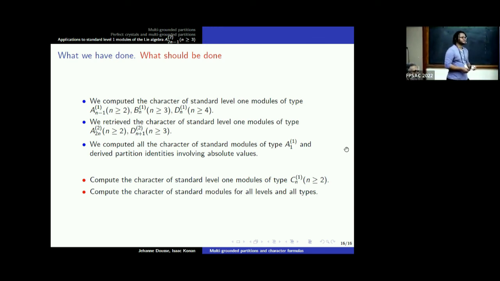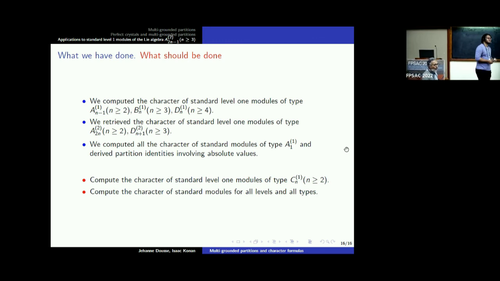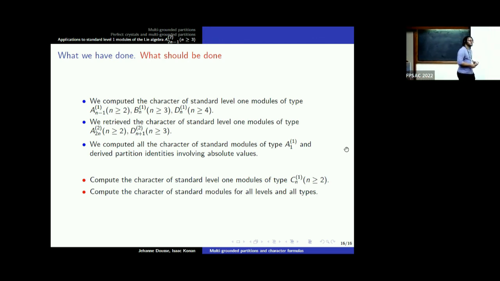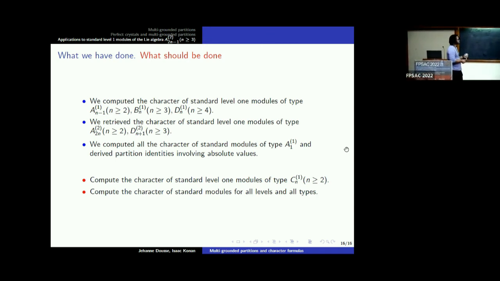Yeah. Maybe I can ask a quick second question. Do you see rank-level duality playing a role or giving you some identities? For the type A n-1, we had this. So you try to understand how the duality affects our generating function.